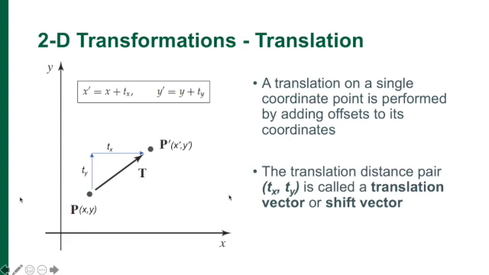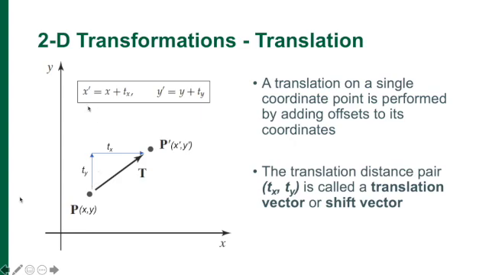We can see this representation in the graph on the left side. P is the original point and P prime is the translated point. T in this case is representing the translation vector. The blue arrows are representing the components of this vector.